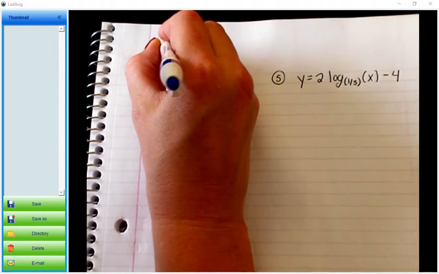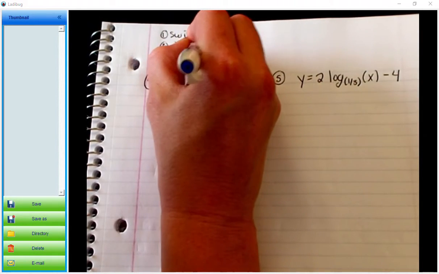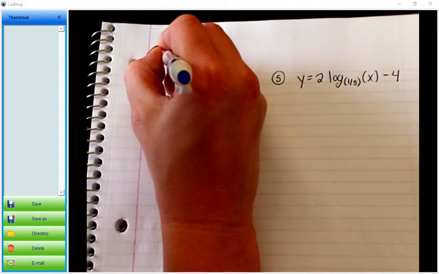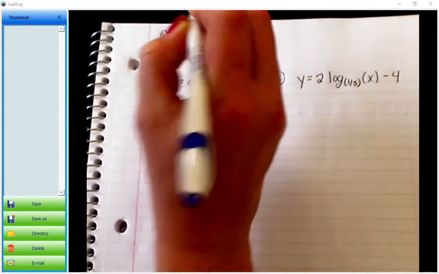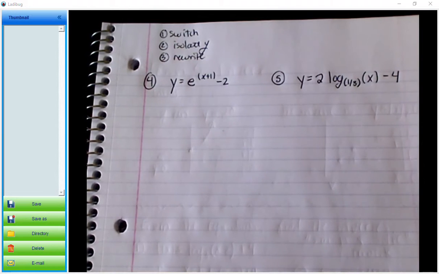Switch. Isolate y. Rewrite. Right? While you're isolating y, you're going to need to rewrite it.